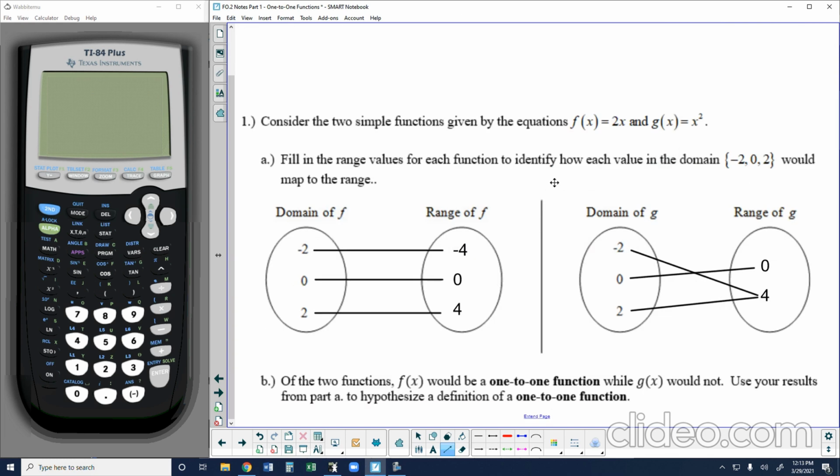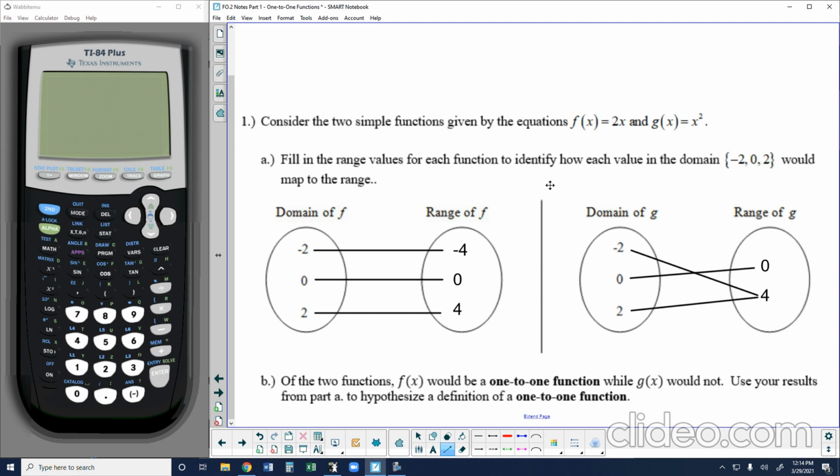In part B, it says, of the two functions, f of x would be considered one-to-one, while g of x would not. Use results from part A to hypothesize a definition of a one-to-one function. Well, we know what a function is. A function is an expression where each value of the domain maps to only one value in the range.